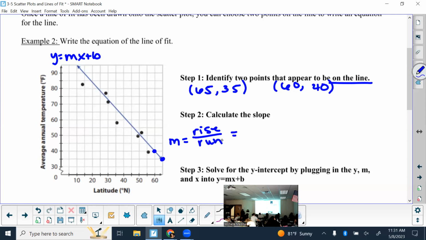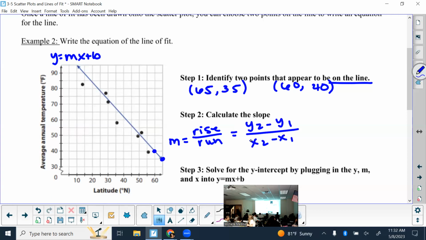What else? There's at least 3 formulas, right? Close. If it's rise over run, it should be y2 minus y1 over x2 minus x1.